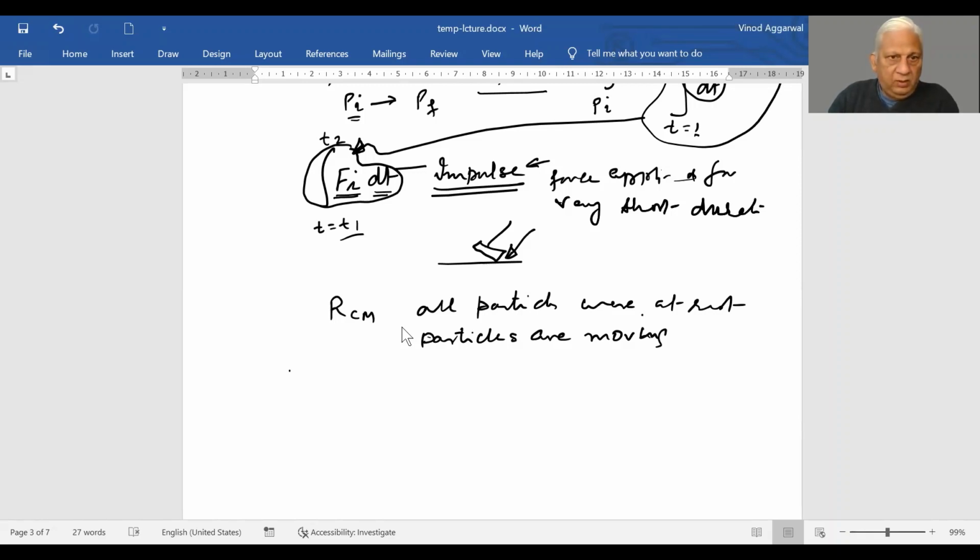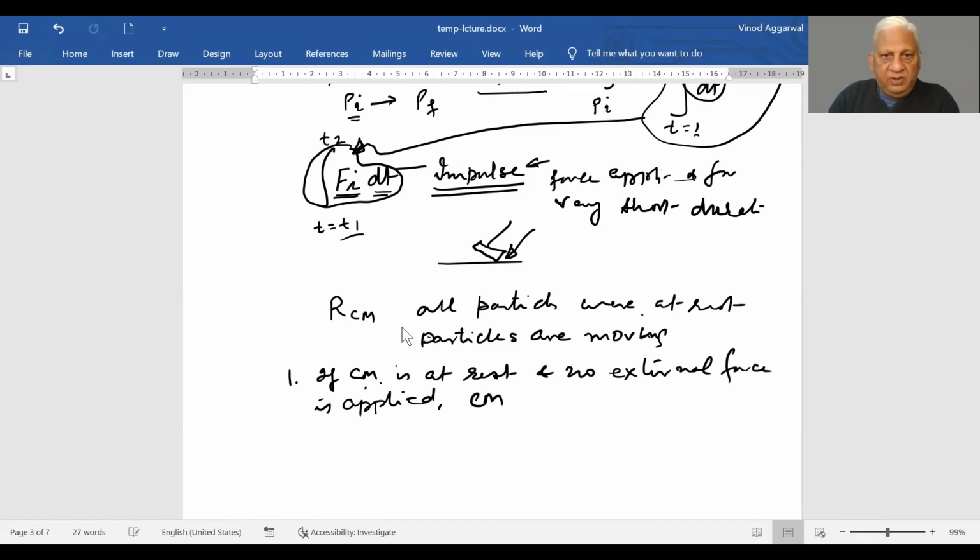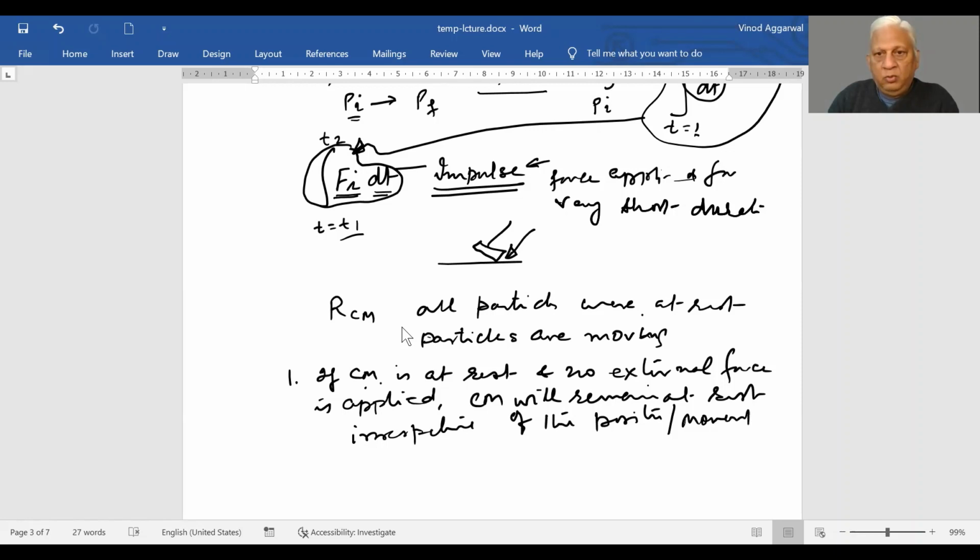Case 1: if the center of mass is at rest and no external force is applied, then the center of mass will remain at rest irrespective of the position or movement of the particles.